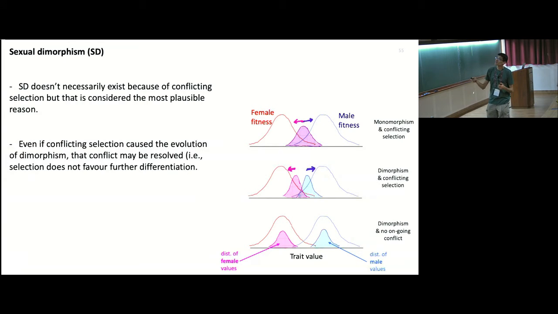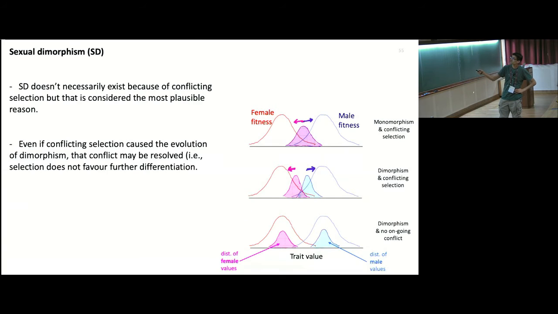But an open question is the extent to which, when we observe dimorphism today, and we observe it in all kinds of species and for many kinds of traits, that current level of dimorphism represents evolution having solved this divergent selection, or whether it's only what we call a partial resolution to the conflict.